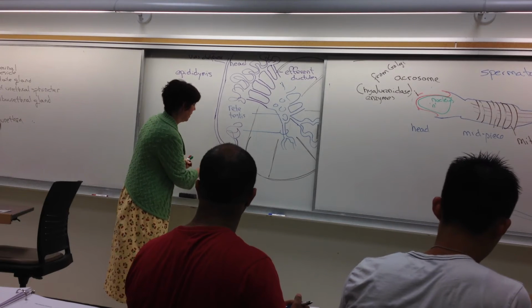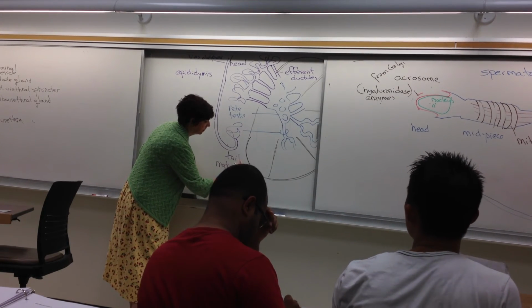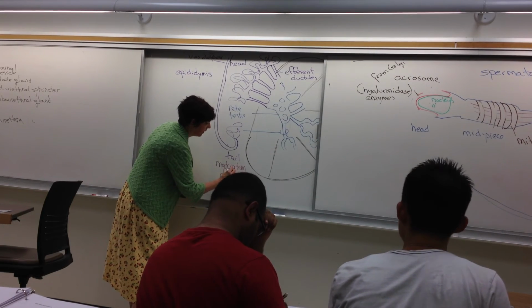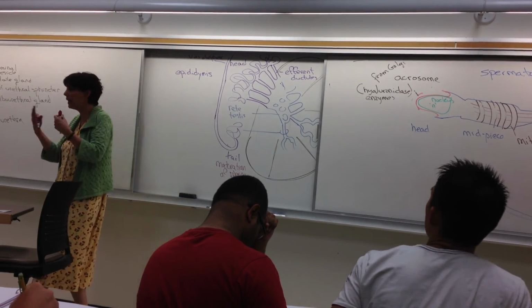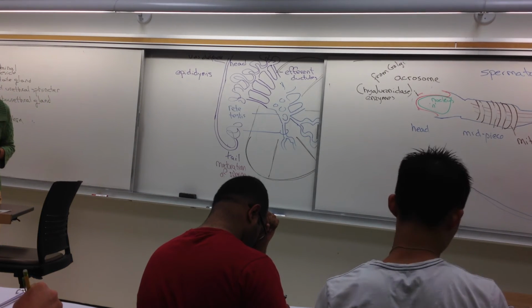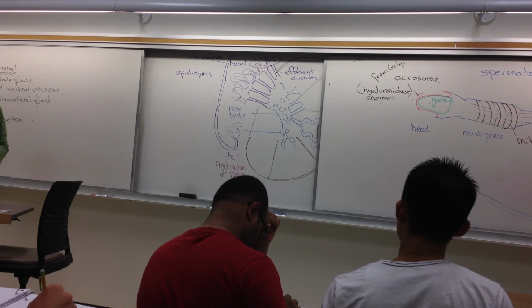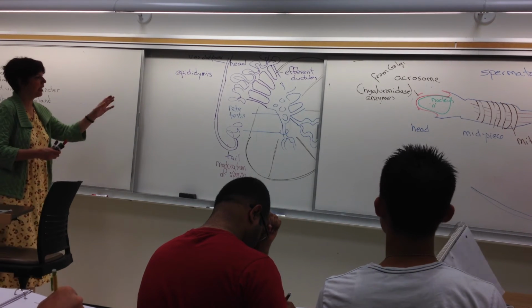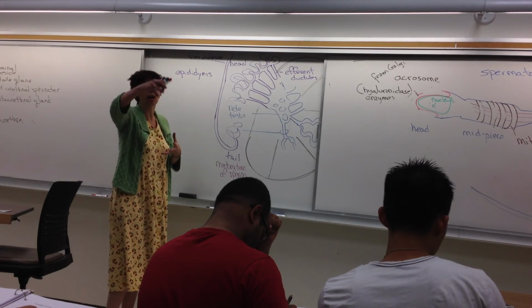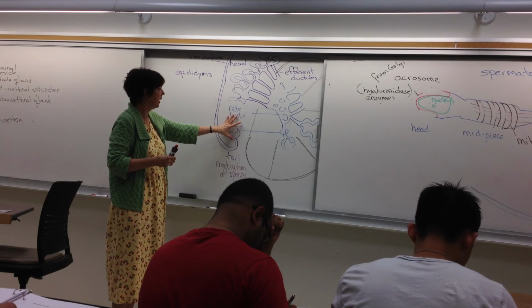And again, maturation of the sperm occurred here. The ability to release those enzymes and the ability of the tail to beat, even though it doesn't actually swim out of the epididymis. So this is a columnar epithelium, very long microvilli. They're not cilia, very long microvilli.